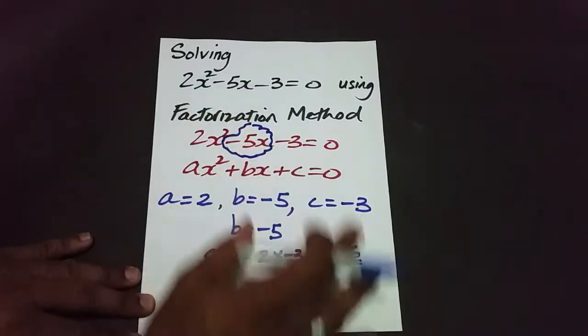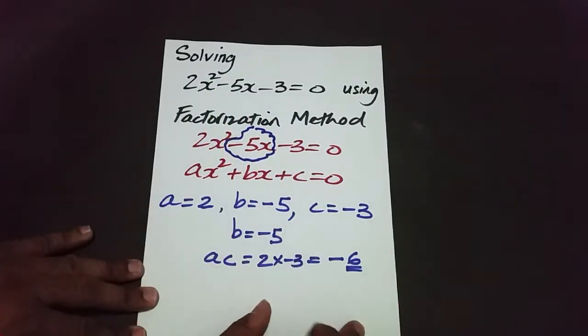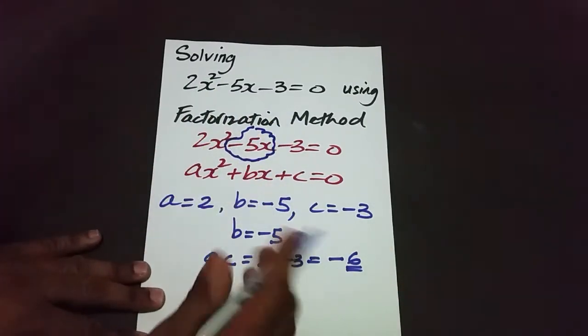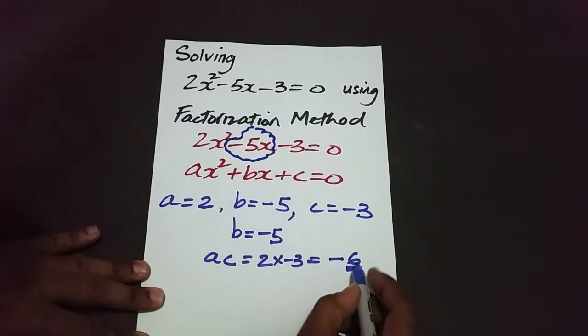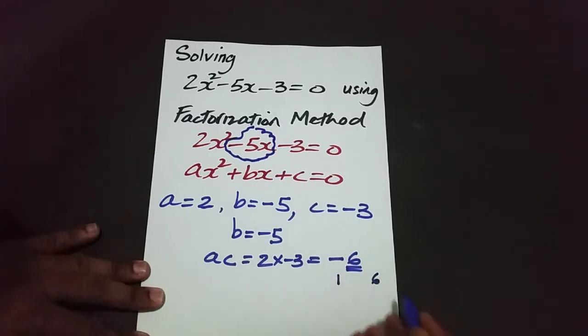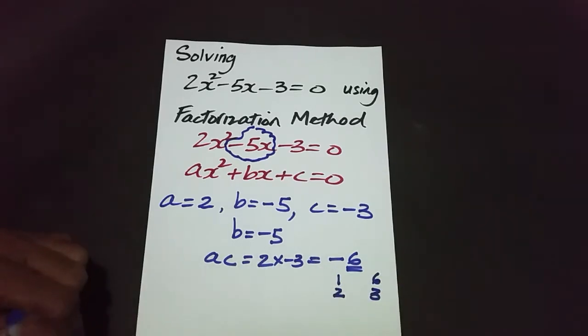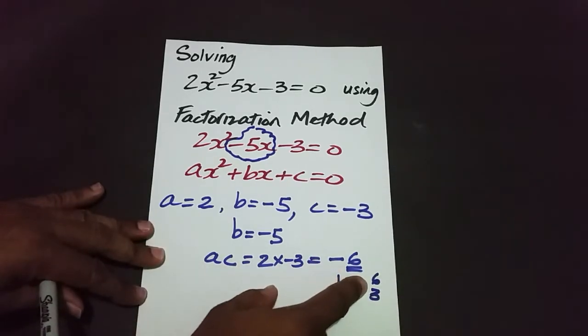You can't just write any two. It has to be two specific terms. So the factors of 6: 1 times 6 is 6, 2 times 3 is 6, and of course 3 times 2 would give you back that. So all the factors of 6 are 1, 2, 3, and 6.